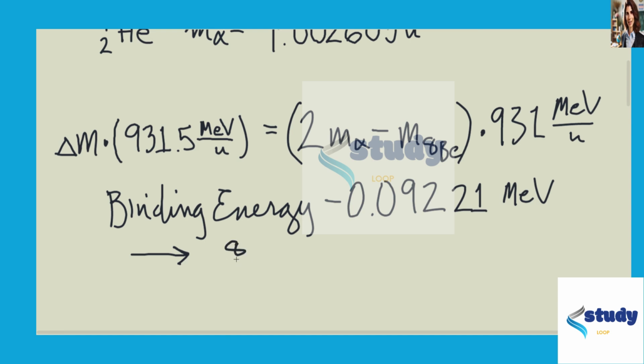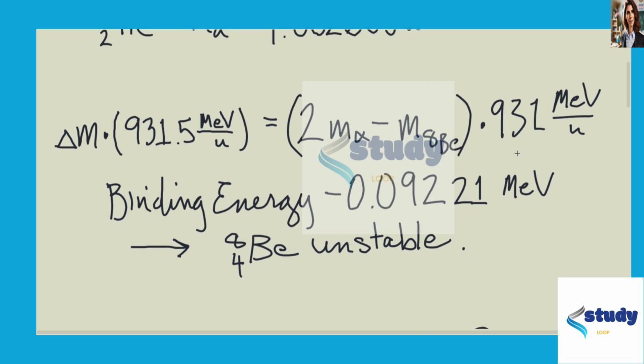Our beryllium isotope, Be-8, is unstable. And that's our answer.